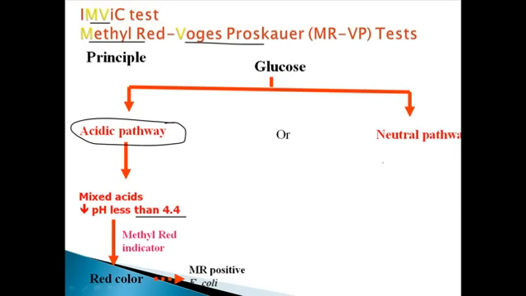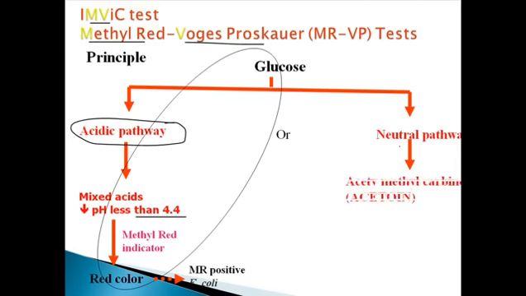Now let's go to the VP test. If the bacteria go through the neutral pathway, we can test it with the Voges-Proskauer test. The neutral intermediate produced is acetyl methyl carbinol, or acetoin, instead of acids. That reacts with Barritt's 1 and Barritt's 2 reagents, which are parts of the Voges-Proskauer reagent.